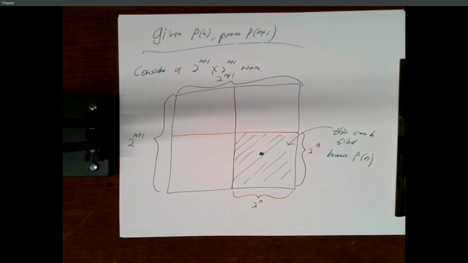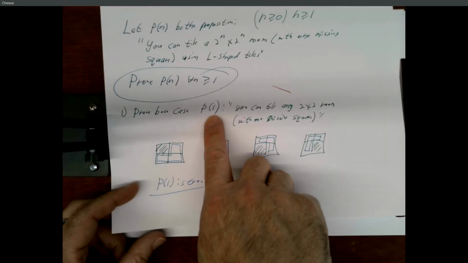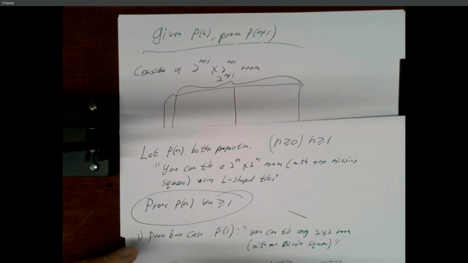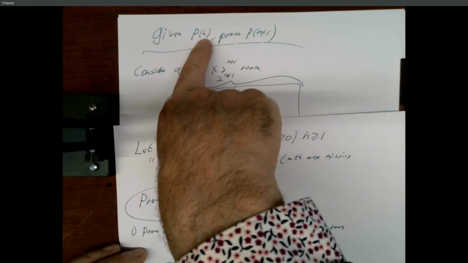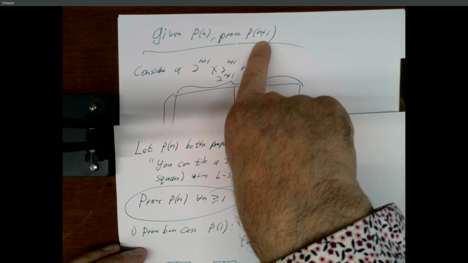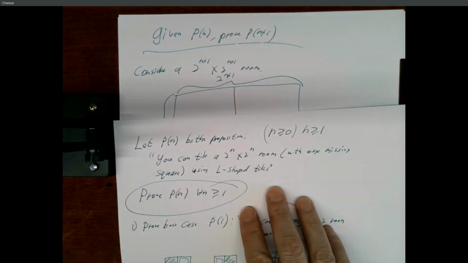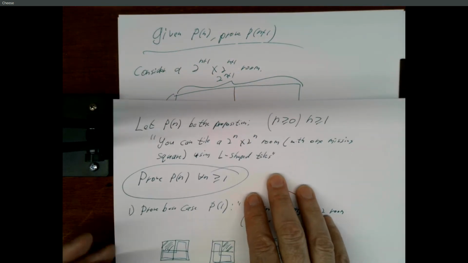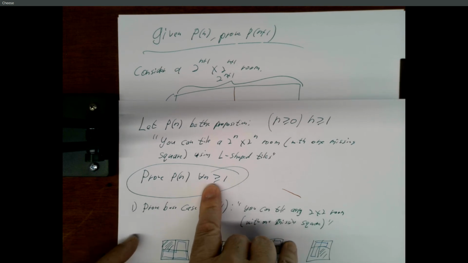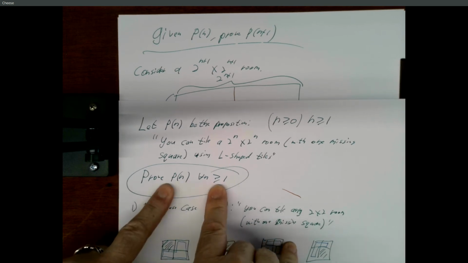We haven't proven that P is true for n bigger than or equal to 1. So far, all we've proven is P of 1, right? And we're in the process of proving that if it's true for n, it's true for n plus 1. Once we have both of those, then we can show that P of n is true for all n bigger than or equal to 1. Gotcha. This is what we're trying to get to.